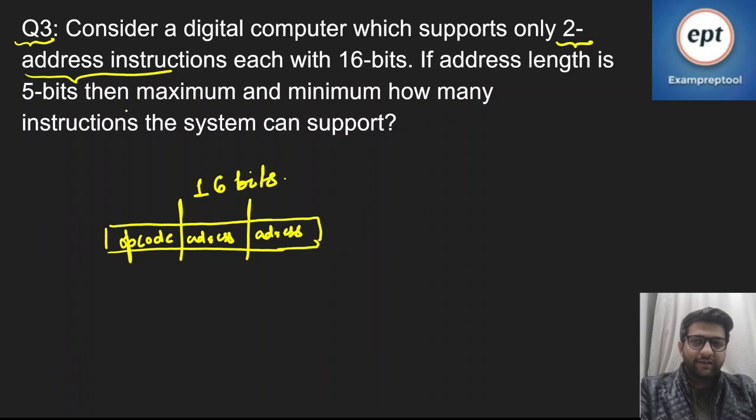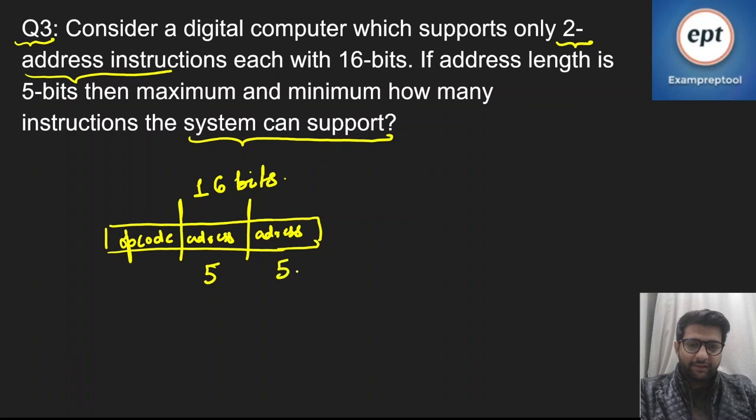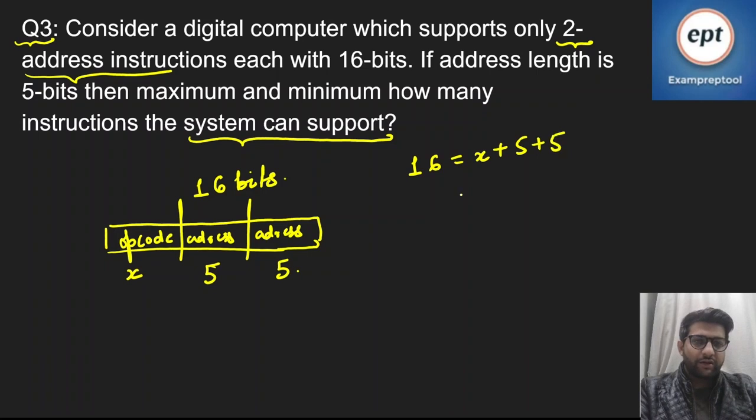Now if the address length is 5 bits, then what are the maximum and minimum number of instructions that the system can support? If the total number of bits is 16 and the number of bits for the opcode is x, then the value of x will be 6.